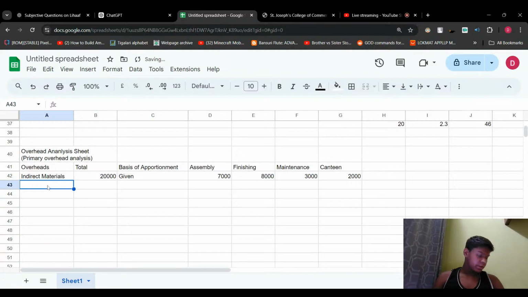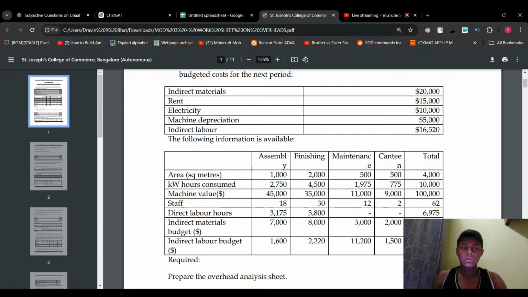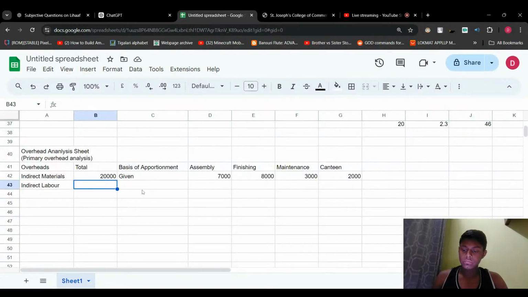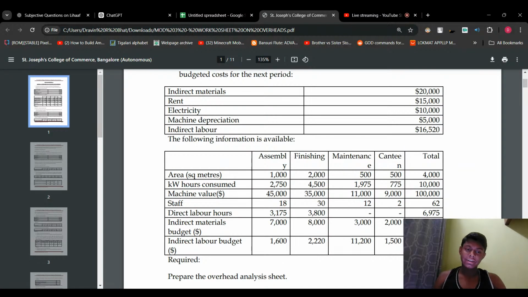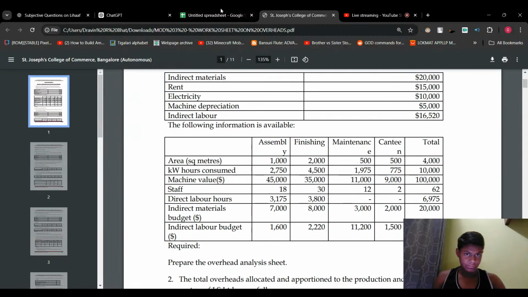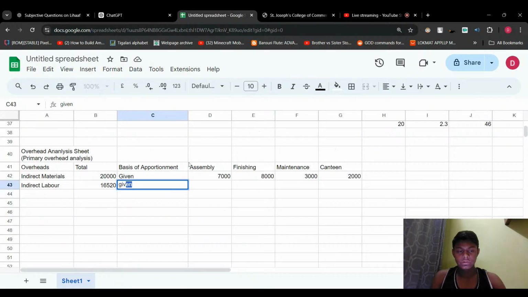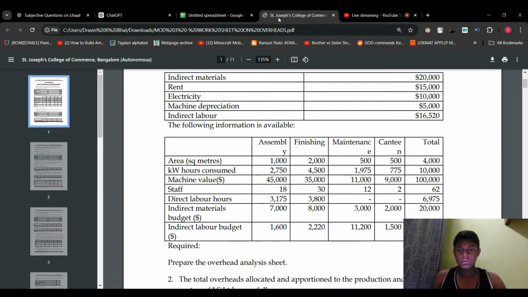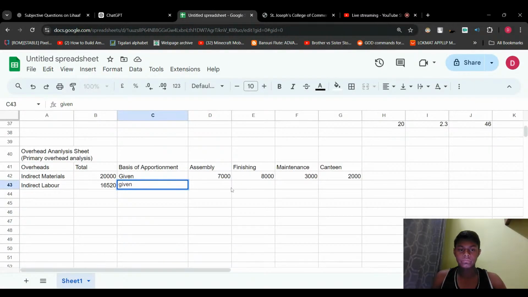The next would be indirect labor. Indirect labor here is 16,520. The basis of apportionment for indirect labor is the indirect labor budget, which is already given.